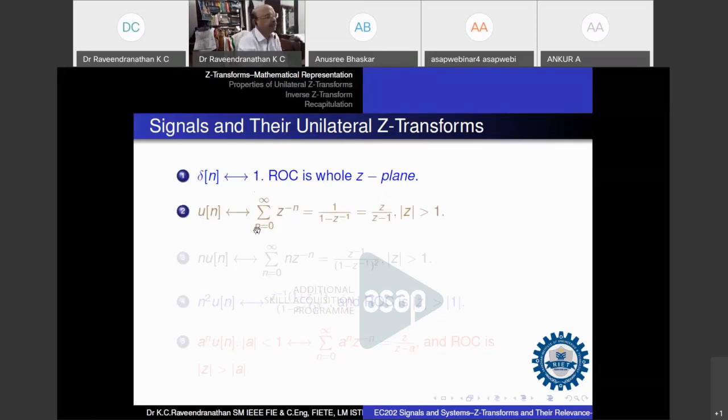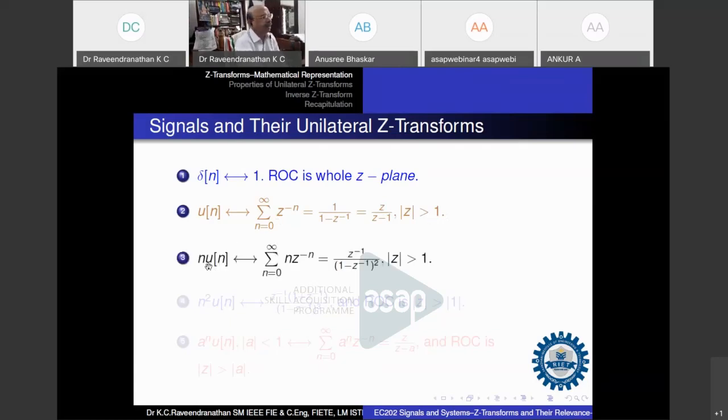The second function is the unit step, where the sum runs from 0 to infinity of z raised to minus n, because u[n] is equal to 1 for n equal to 0. So you will get it in this form, either 1 by 1 minus z raised to minus 1, or z by z minus 1. And the region of convergence is the absolute value of z greater than 1. So this sequence will converge when the value of z is greater than 1, right?